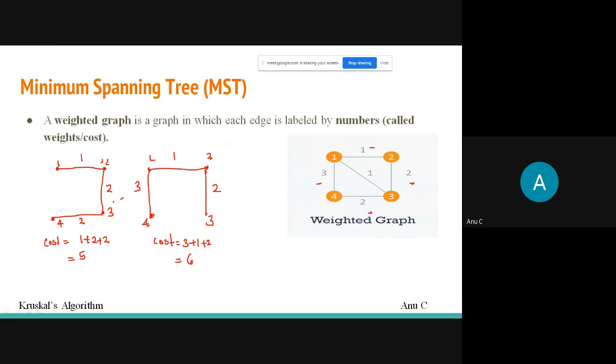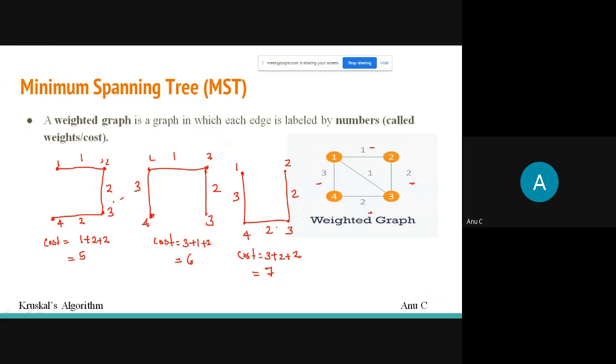And the next I will take one more spanning tree from this graph. Vertices 1, 2, 3, 4, and weights here 3, 2, 2. And the cost of this spanning tree equals 3 plus 2 plus 2, which is equal to 7.